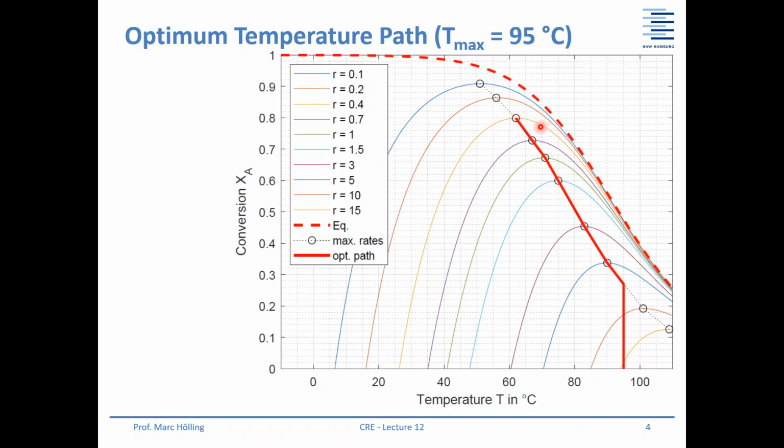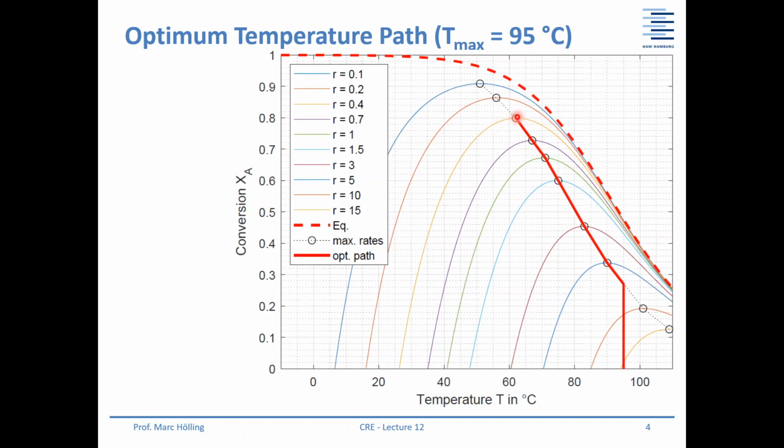So here in the worksheet I gave you some restrictions. I said the maximum temperature should be about 95 degrees Celsius. So we cannot go all the way along the locus of maximum, but here it's 95 degrees. We start here, and then we can use this turn here, and then go up to our desired conversion of 80%.